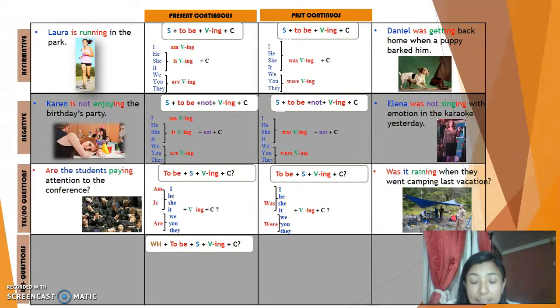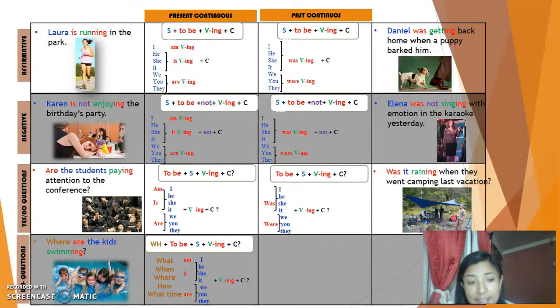WH is just a way to say that you can include any information word like what, when, where, how, what time, and also you can use a phrase, for instance, what kind of, what fruit. It doesn't mean that it's just one word. Let's see an example. Where are the kids swimming?